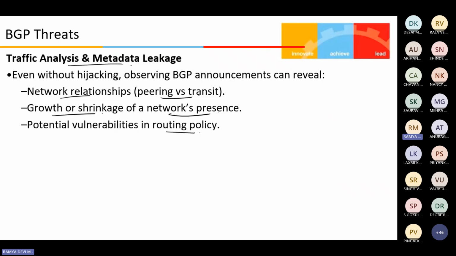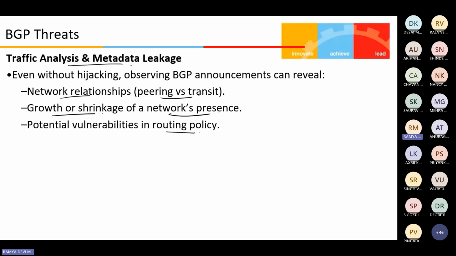These are the major problems with traffic analysis and metadata. Sensitive information is exposed, but if I want a router to forward packets from one autonomous system to another, this cannot be avoided.